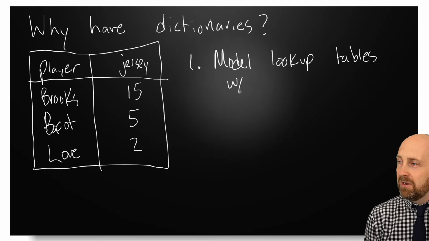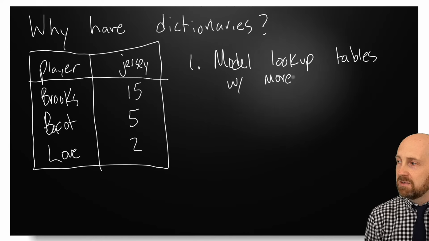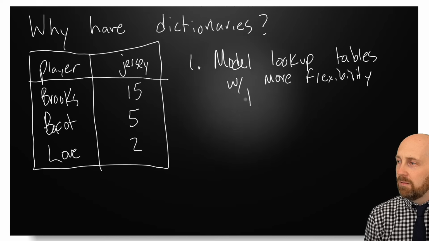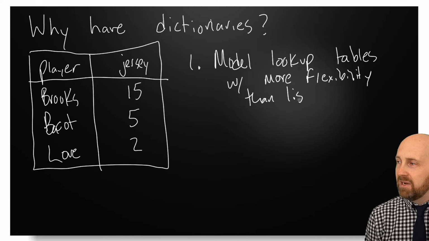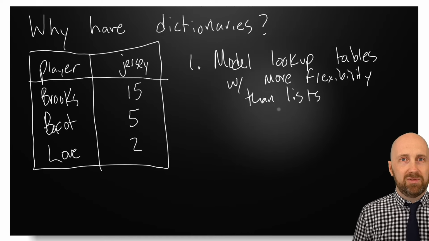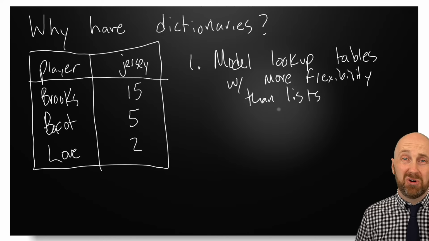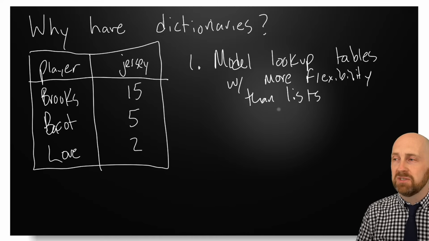With more flexibility than lists. Right? Because lists are pretty limited. We have to index each item of our list by a number. It has to be in order starting from 0, right? It's just, lists are really made for sequential items.